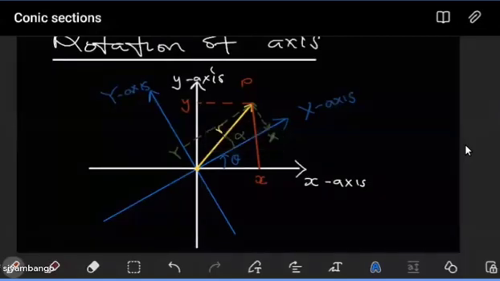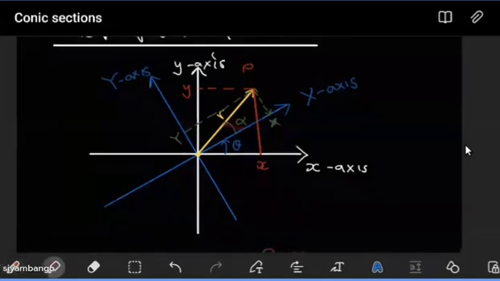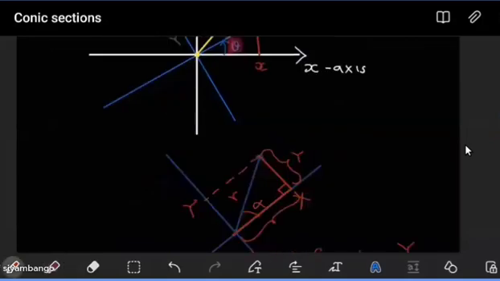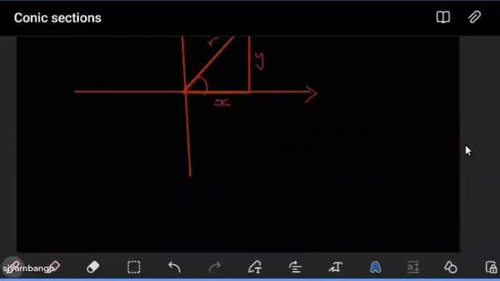What's the angle between the x-axis and the line R? You have to observe that the angle will run from R all the way up to that white horizontal line, and that will be a combination of the angle alpha and the angle theta. So this angle here is alpha plus theta.